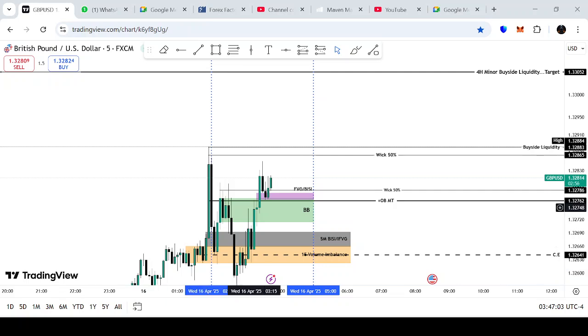This fair value gap is going to push price now, going up there to take the buy side liquidity above.